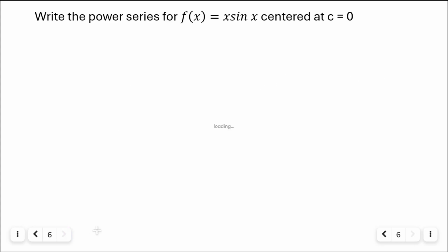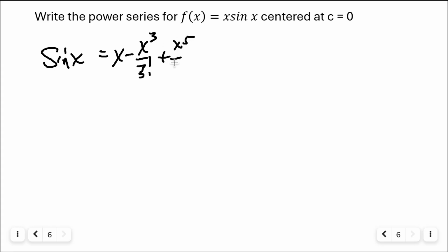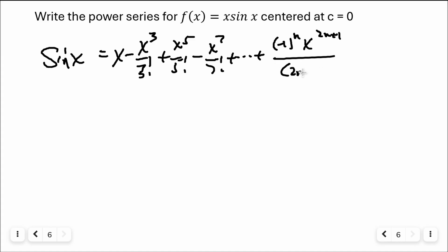Okay? You can literally swap out the function e to the x and put its series terms in its place. All right? Okay, let's try f of x equals x times sine x, centered at c equals 0. Well, I know what the series for sine x looks like. It's x minus x cubed over 3 factorial plus x to the 5th over 5 factorial minus x to the 7 over 7 factorial, negative 1 to the n, x to the 2n plus 1 over 2n plus 1 factorial. So I want x sine x.